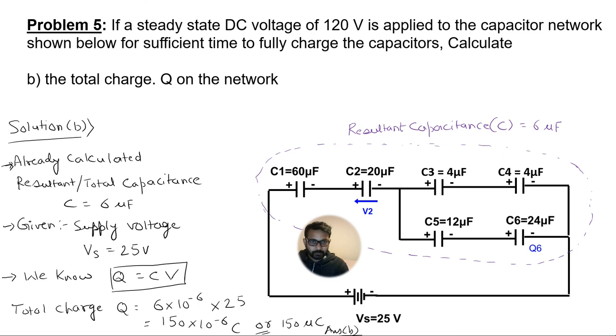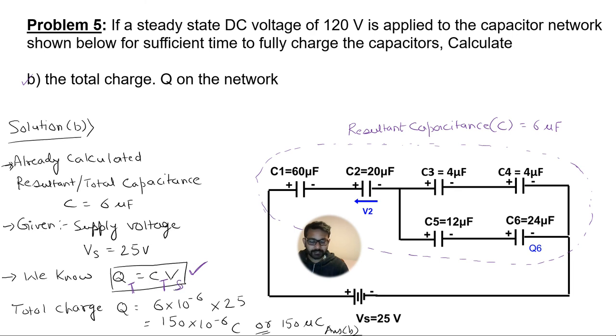Now let's move on to part B, which is the total charge. We have to calculate the total charge Q on the network. To calculate charge, we have already discussed this formula. Charge is equal to capacitance multiplied by the supply voltage. We have to calculate the total charge flowing in the circuit. So we consider the total capacitance multiplied by the supply voltage.